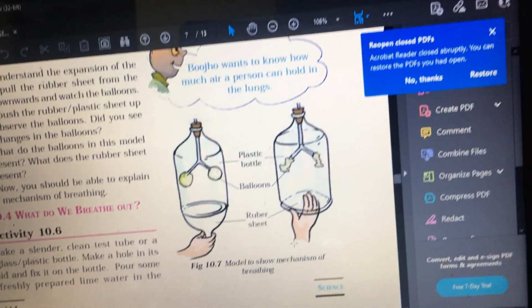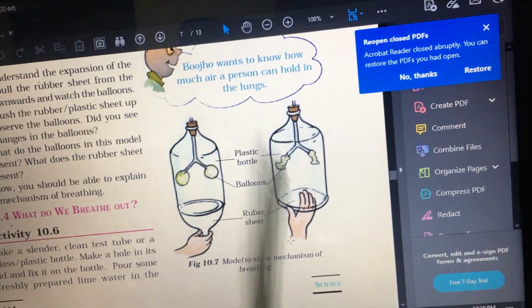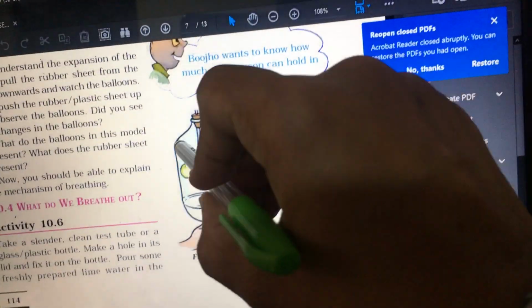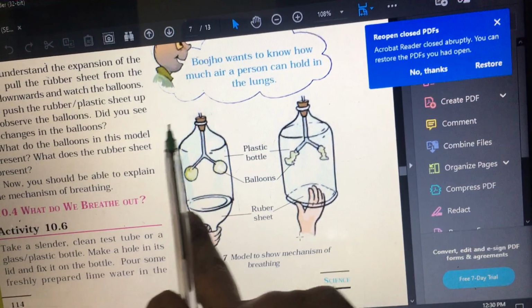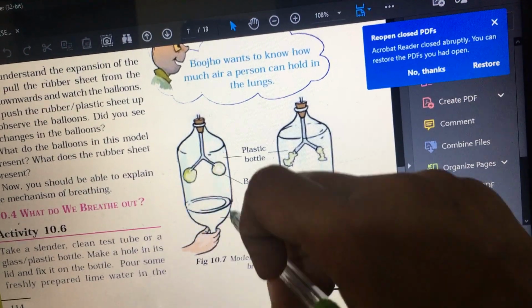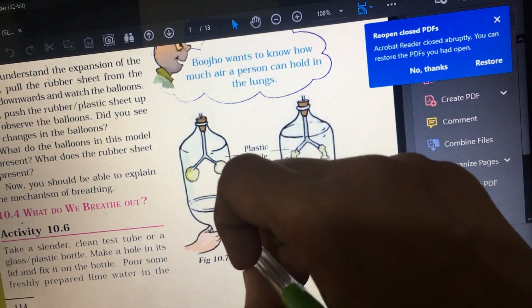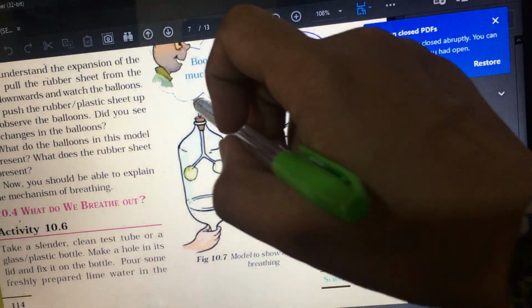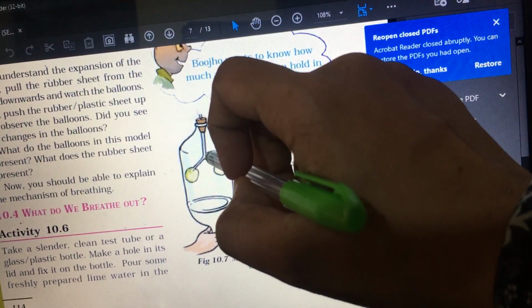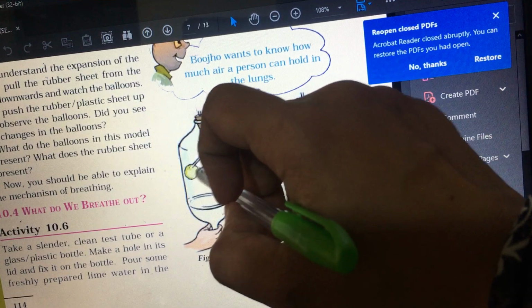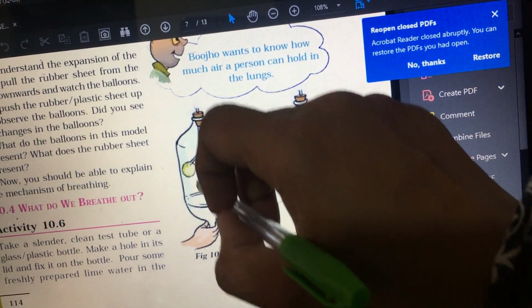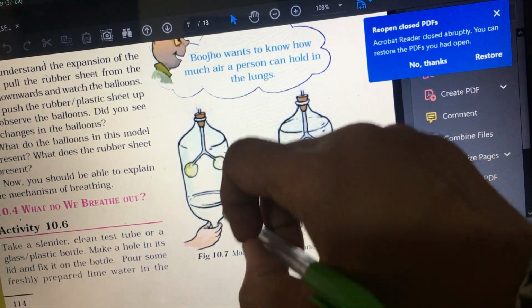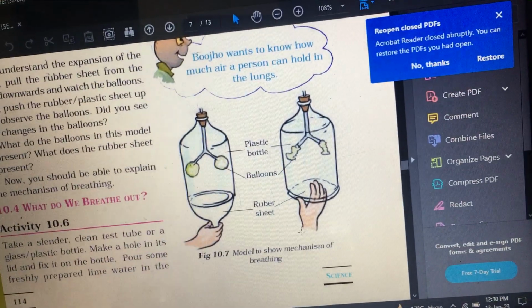How the diaphragm is working, what is the action of the diaphragm, that is studied by taking a container. This container does not have an open end. Instead, a rubber balloon has been attached to the bottom of it. So what's going to happen is, when you are filling air in these two balloons, the air from this container gets pushed into this rubber balloon, and it bends downwards, okay?